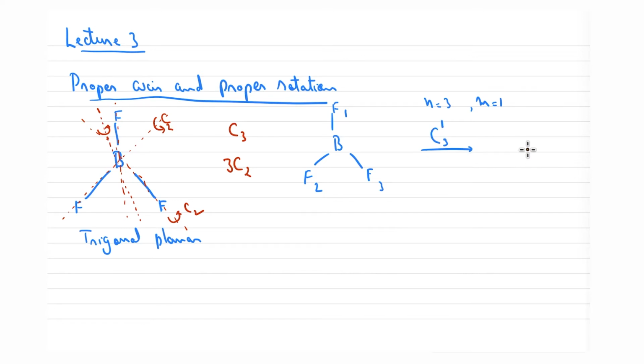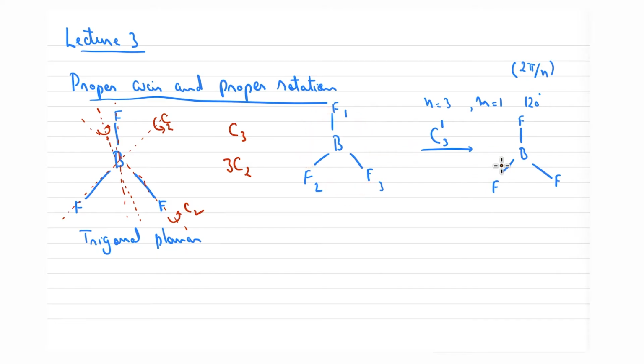So if we do that, we will do a 120 degree anti-clockwise rotation because this is 2 pi by N, right? So what do we get over here? B, F, F, F. Now this one comes here, 2 goes there, 3 goes there, right?